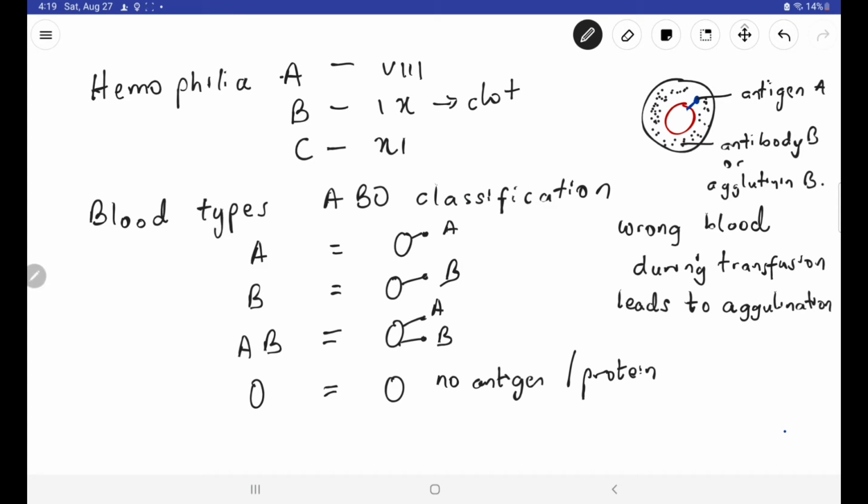An individual that belongs to blood group B would have the presence of B antigen. An individual belonging to blood group AB would have the presence of both A and B antigens, and an individual belonging to blood group O would have no antigen at all.